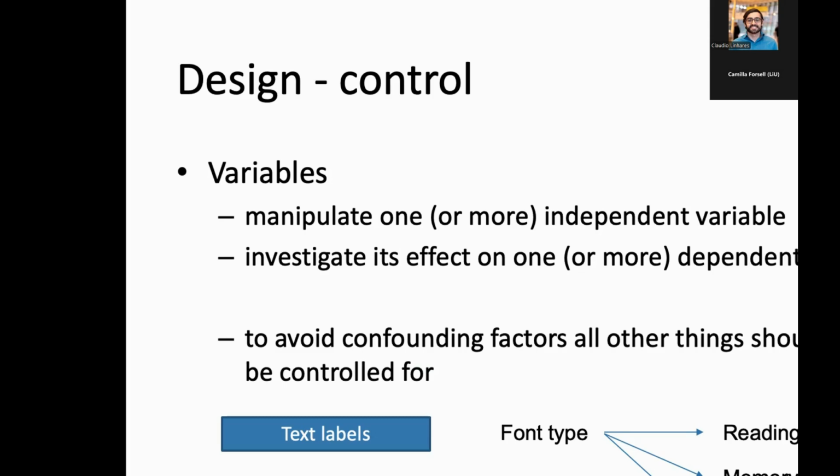And what happens if we accidentally present B in a different color with a background or a frame? Then we haven't controlled things, right? So if there's a difference between these two, we don't know if we can attribute that difference to the actual font type or other things around. And what are these other things around them?